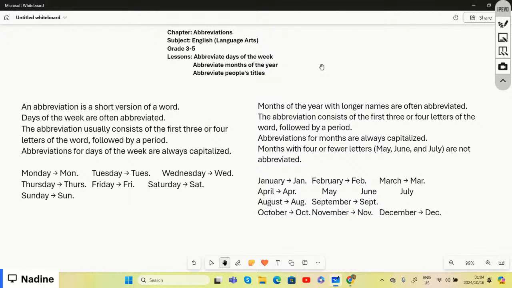We're doing grade 3 to 5. And the lessons that we are going to be focusing on under the chapter of abbreviations are to abbreviate the days of the week and to abbreviate months of the year.